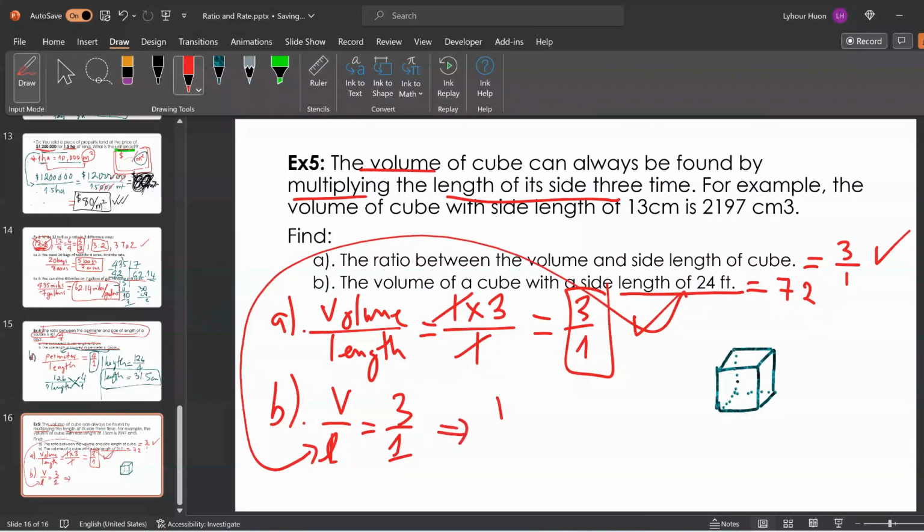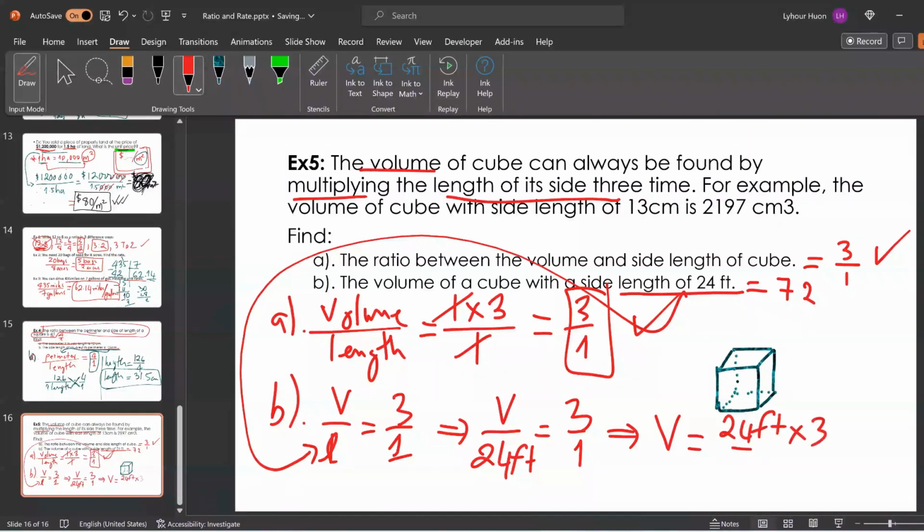So we have V over 24 feet equal to 3 over 1. And then V equals 24 feet times 3 over 1, which is 72.